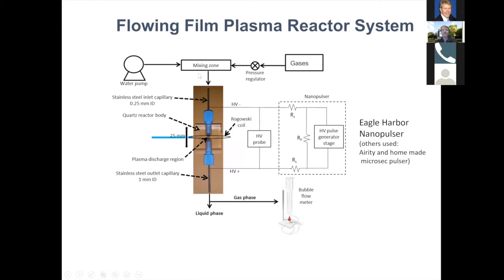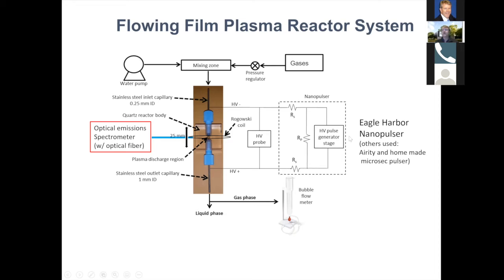We have a gas flow, and this flows through a small reactor which we can characterize by different techniques. Emission spectra, it's kind of like analyzing the spectrum of the sun. You look at the peaks that are formed and you can get the properties, the temperatures, the densities, and those things. We have it connected to a power supply.